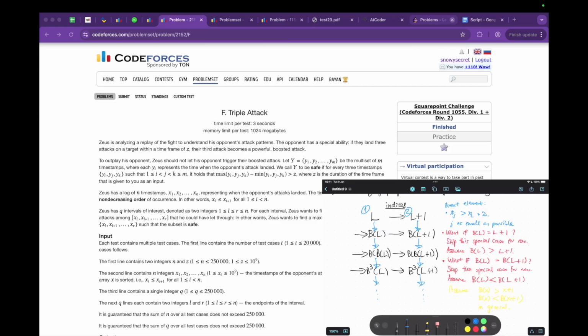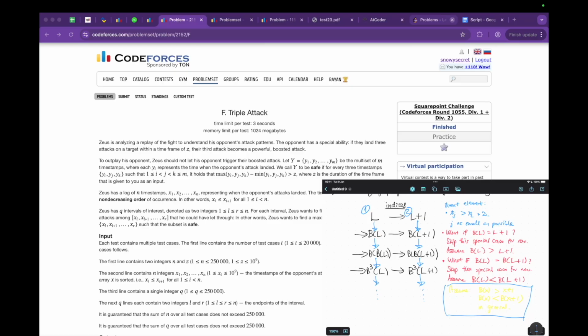So these two chains are sort of independent of each other, which is not true for the actual problem, but since we have assumed these two conditions over here, we can really turn these two chains independent. So we only need to consider L, BL, BBL, and so on, and L plus 1, B of L plus 1, and so on.